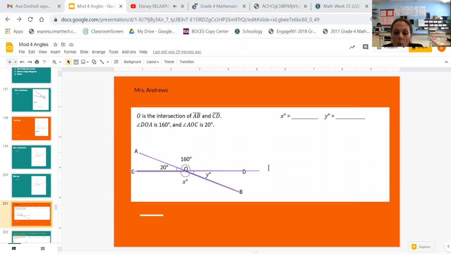So if AOD is 160, then angle X is also 160 degrees. And if I'm looking at this straight line CD, I know that this is 160. How do I get to 180? Oh, well, I don't even have to do any math. I could just look at the opposite angle. So opposite from Y is this angle here, and we know that's 20 degrees. So we didn't even have to do any calculations.